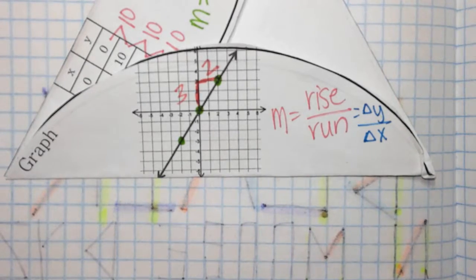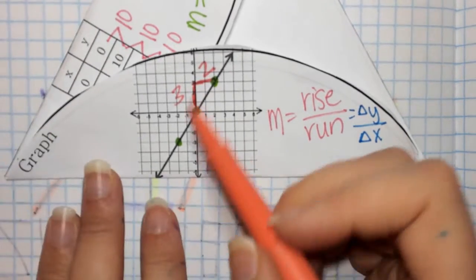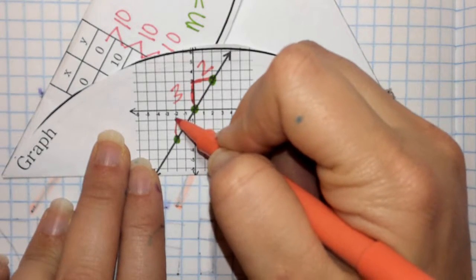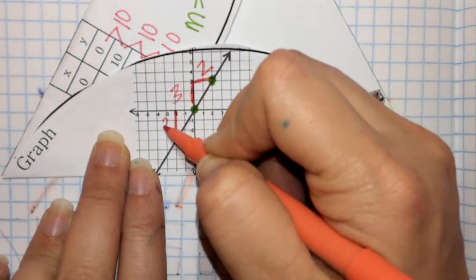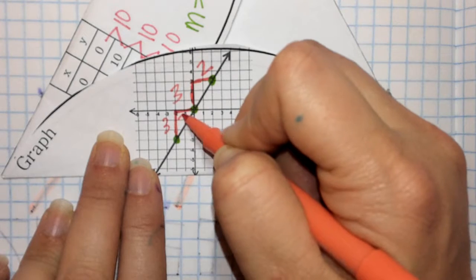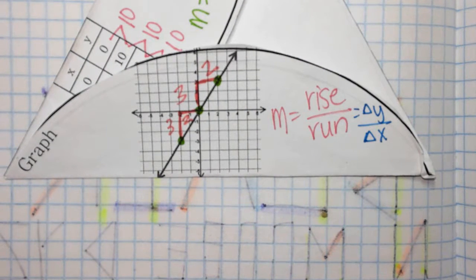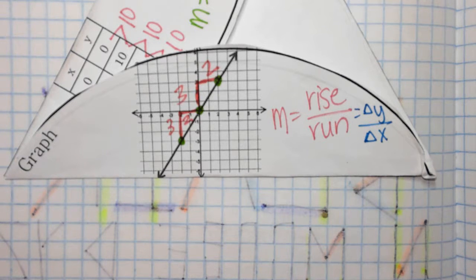Okay, so let's make sure that's consistent with all of our points. Let's come down here. How much do we rise from here to here? 3. And how much do we run? Now, is this a positive line? How many of us vote yes, that it's a positive line? It is a positive.